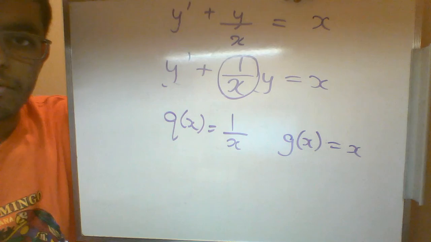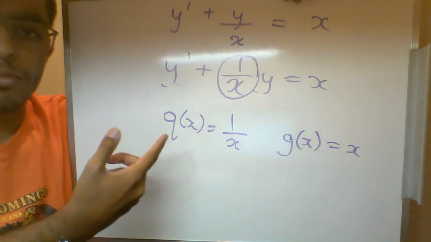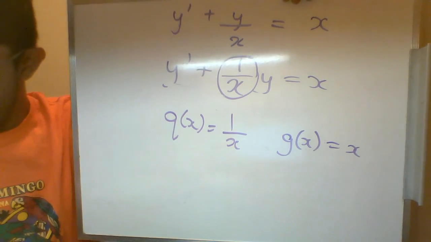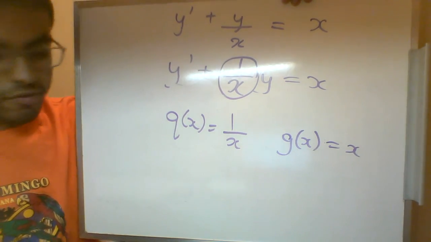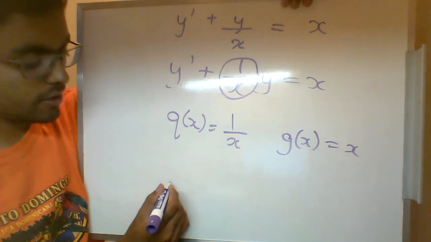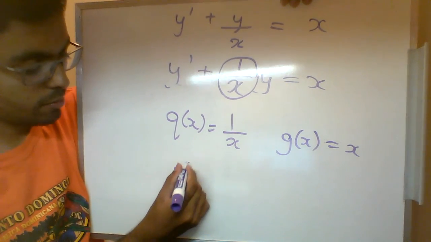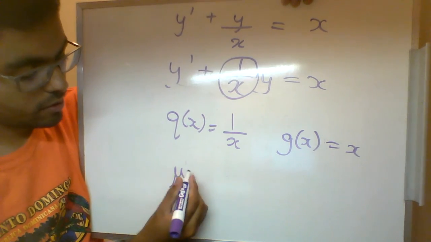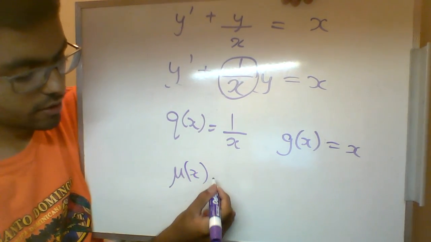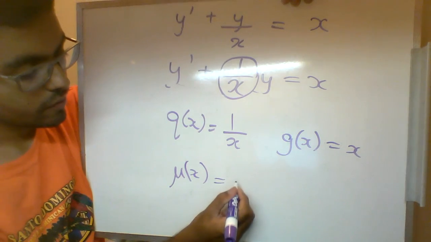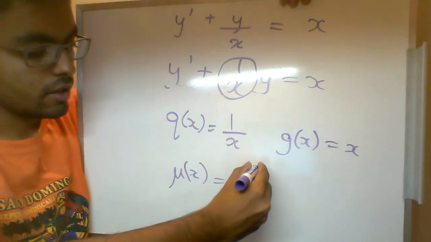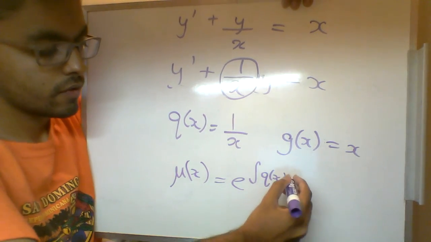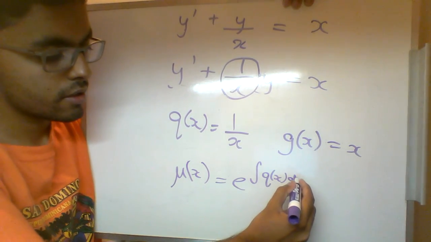And so this is what we have. We have little q of x is equal to 1 over x, and little g of x is equal to just x. So now our next step is to figure out what mu is. All right? So mu, it's technically mu of x, but I'm just going to say little mu of x is equal to e to the integral of q of x dx.